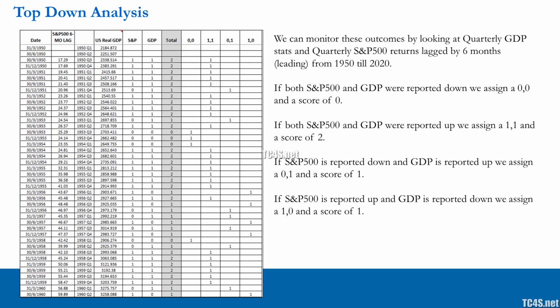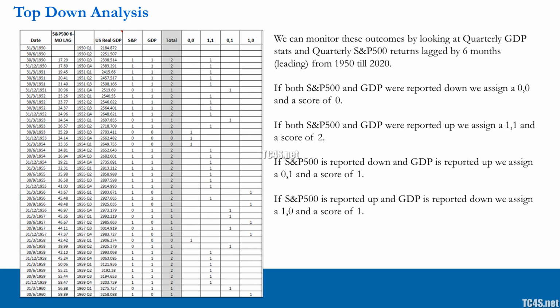Well, it's a 1-0. What we also do is we record a total for S&P and GDP data. So in this example, in Q1 1956, the S&P was up, so we had a 1 score. GDP was down, we had a 0 score. Therefore, the total is 1.